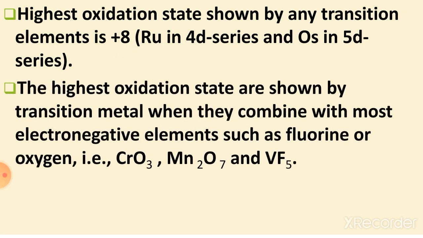The highest oxidation states are shown by transition metals when they combine with the most electronegative elements such as fluorine or oxygen. Look at the examples: CrO3, here Cr has +6 charge; Mn2O7, this has +7 charge on Mn; and VF5, this has +5 charge on vanadium. This is the highest charge on these elements.